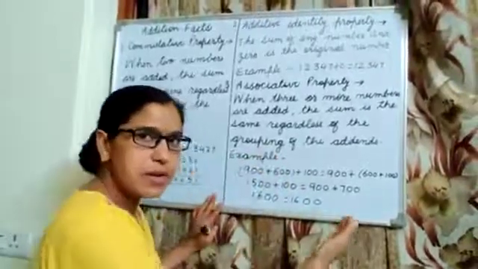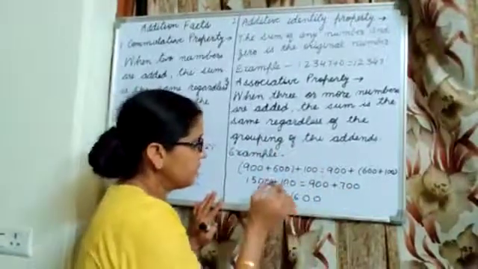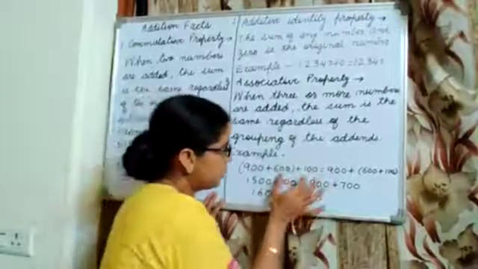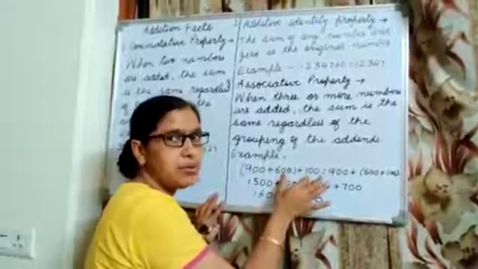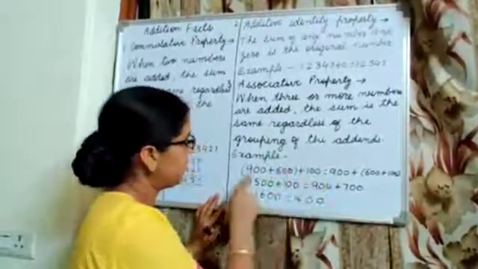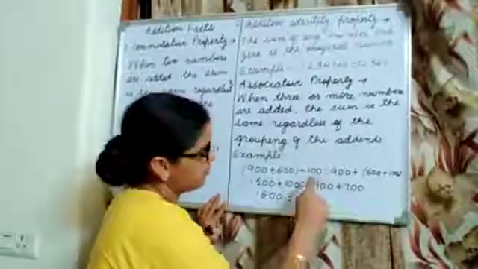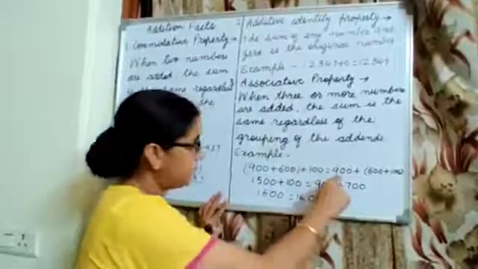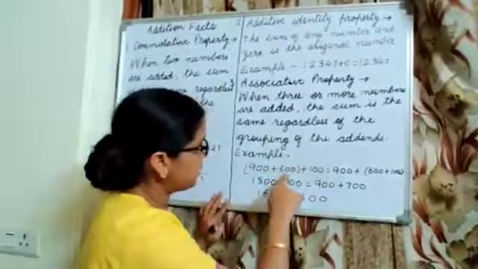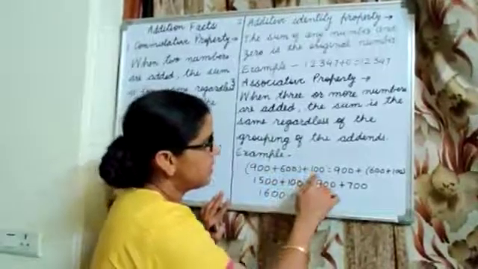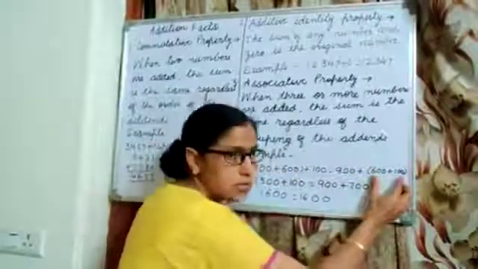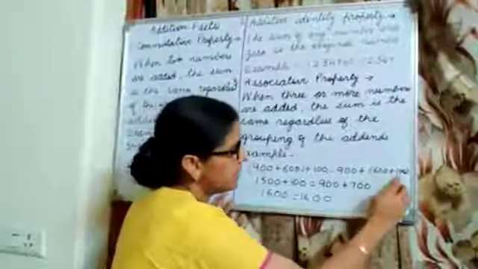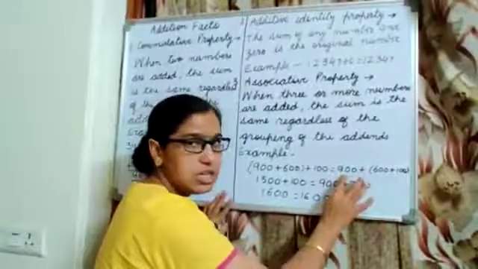On the right-hand side, what will we do? We will make a group of the last two addends, addend 2 and addend 3, and the first addend will remain separate. The first addend is 900, the second addend is 600, and the third addend is 100. Now we will group these two numbers together. 600 plus 100 is 700, and this is 900.